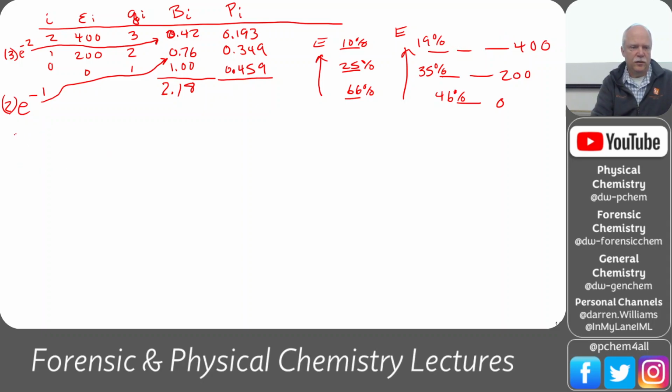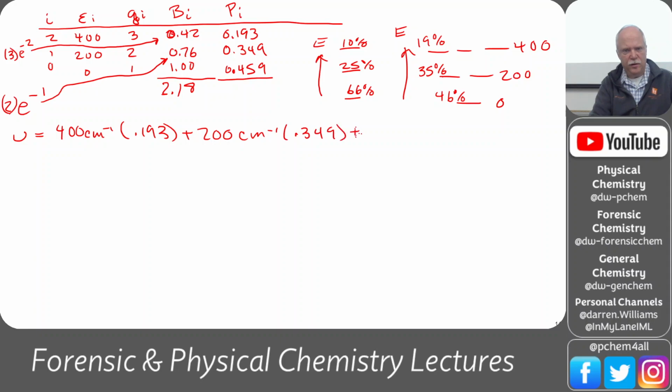Okay, so what's our U? Let's calculate this. It's the energy times each probability. So 400 wave numbers times 0.193 plus 200 wave numbers times 0.349 plus 0. Doesn't matter what zero times, it's going to be 0.